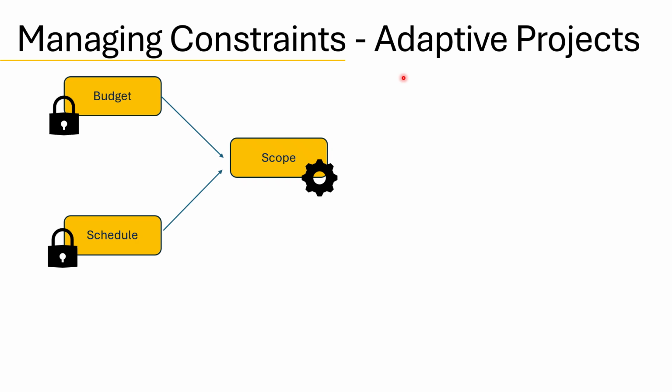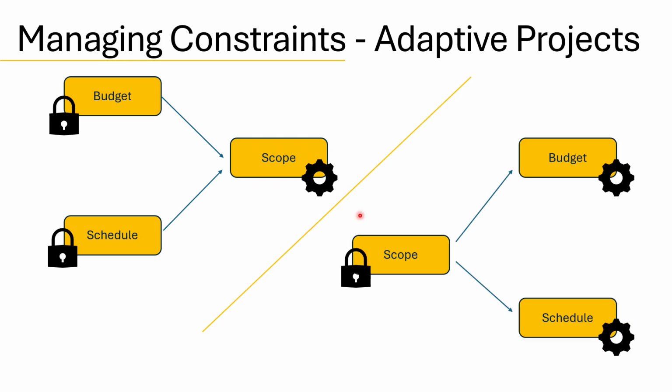Option 1: keep scope variable while holding cost and schedule fixed. In this case, the team delivers as much value as possible within the agreed budget and timeline. This is the most common adaptive setup where features evolve but deadlines and costs remain stable. Option 2: keep scope fixed but allow cost and schedule to vary.